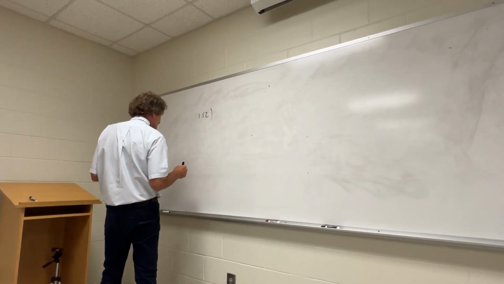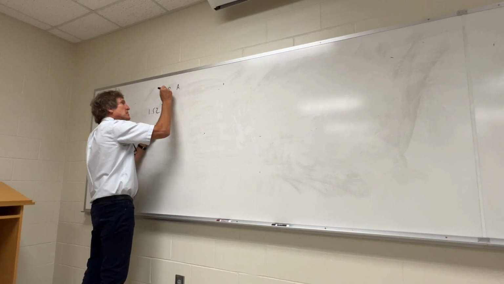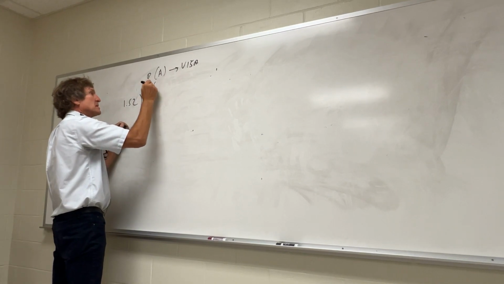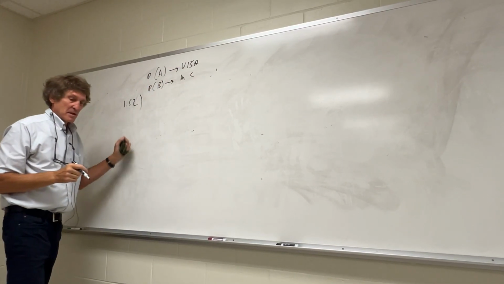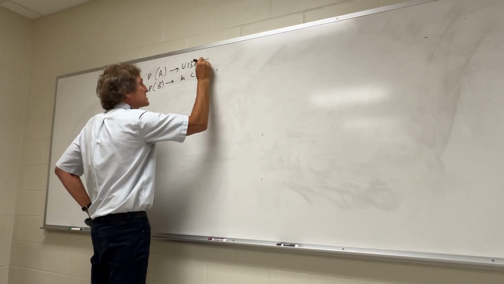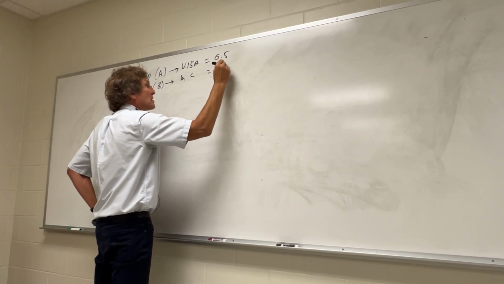I don't remember the whole thing on this. Go ahead. So A is Visa, B is MasterCard. A is the probability a Visa card is selected, right? And probability of B is MasterCard. And then the probability of A is 0.5, and the probability of B is 0.4.